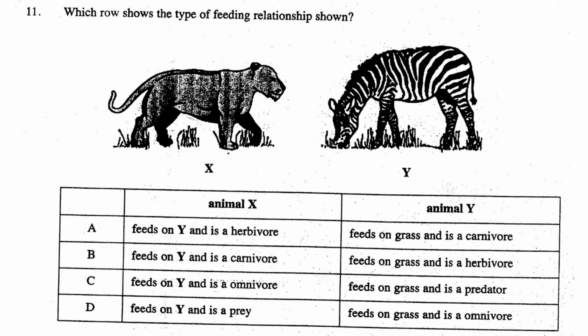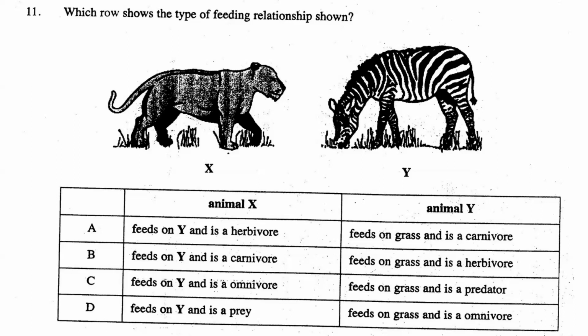Which row shows the type of feeding relationship shown? A, animal X feeding on Y and is a herbivore; animal Y feeding on grass and is a carnivore. B, animal X feeding on Y and is a carnivore; animal Y feeding on grass and is a herbivore.